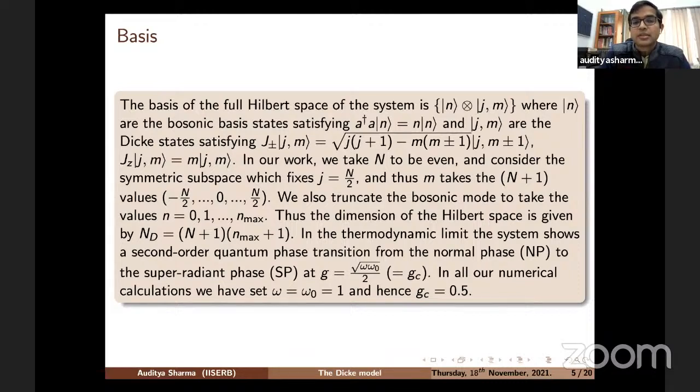Usually in spin models, we tend to fix the magnetization. If you do that, then the sizes involved will be exorbitant. But apparently this is what people in quantum optics do. This is a standard thing. I think the other ways of looking at J should also be explored. I don't think they are sufficiently explored.